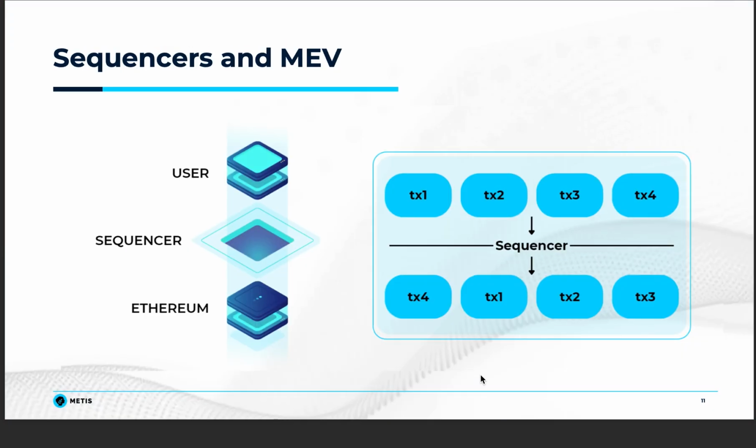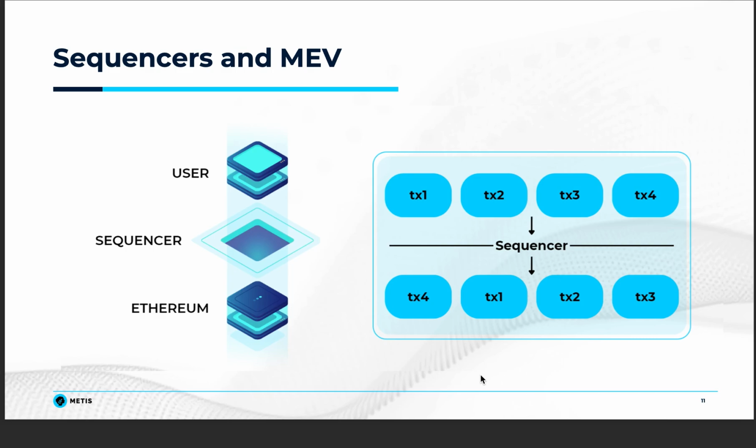Now, MEV means miner extractable value or maximal extractable value, and it's a concept in blockchain that describes the potential profits validators or miners can earn by reordering, inserting, or censoring transactions when creating a new block.